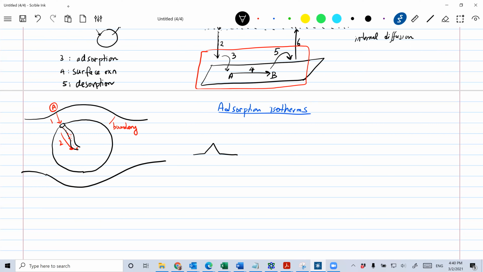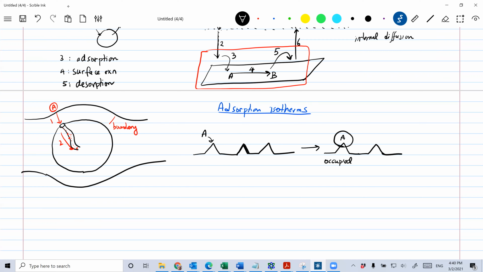This is a site. Let's do 3 sites. So these are sites of a catalyst. And A is gonna come on, and A is going to bind to a site of the catalyst. So A is gonna adsorb. So you're gonna have an occupied site, okay? You also have a vacant site.